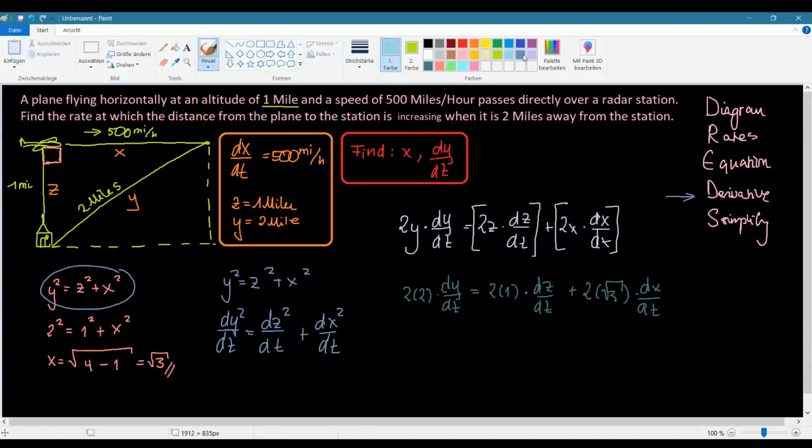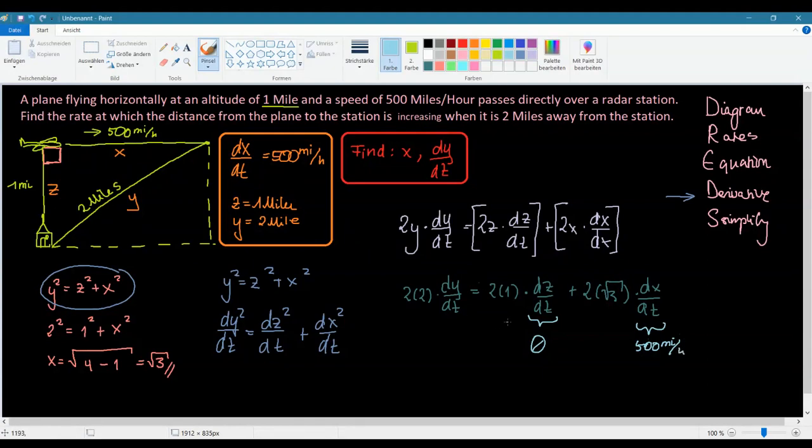What else do we know now that we're doing this? Well, we know the derivative of a constant right here, right? We know that z is 1, and the derivative of 1 is 0. So this all becomes 0, right? And we also know that this is 500 miles per hour.